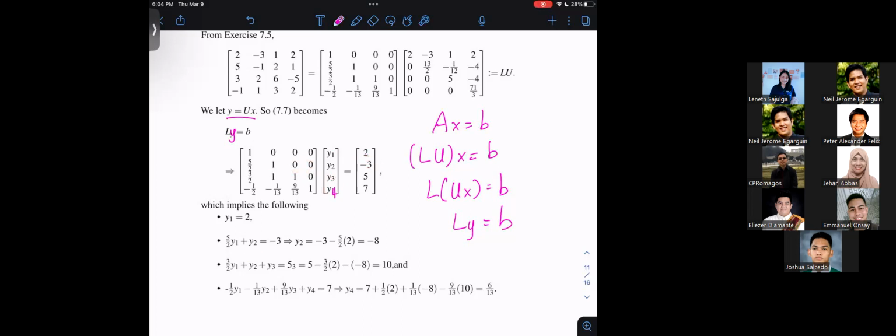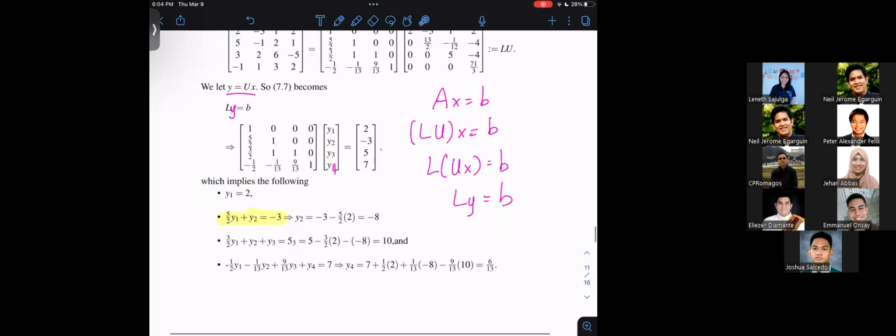So here you have one equation with 2 unknowns initially, but take note that we already found the value of y1, so you can just plug it in here. So you can replace y1 by 2, so you'll get this, y2 equals 8. So you now have the value of y1 and y2.